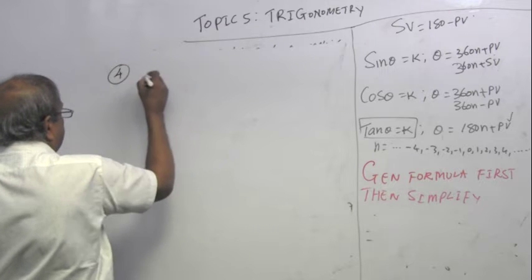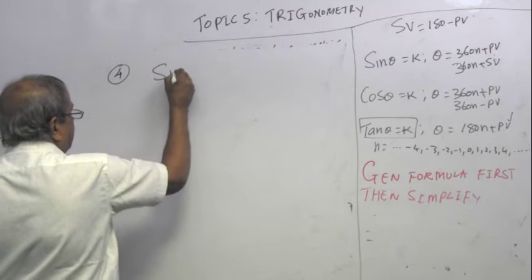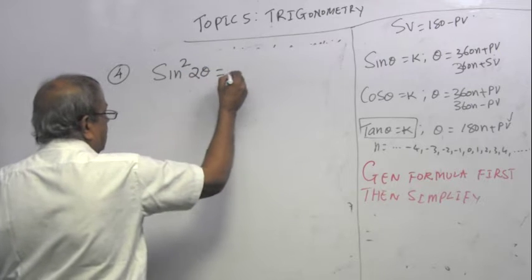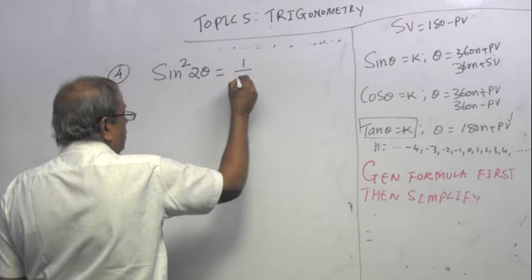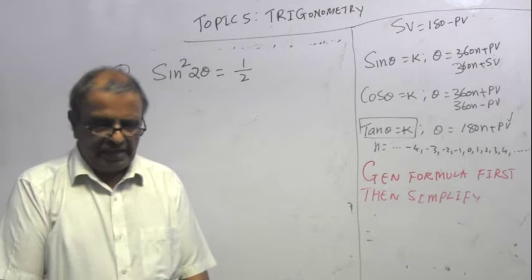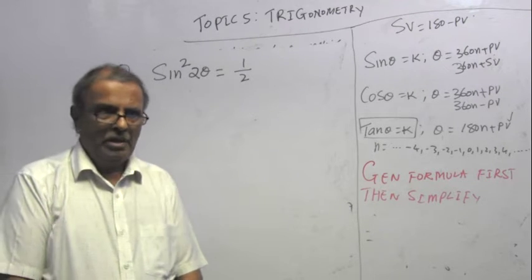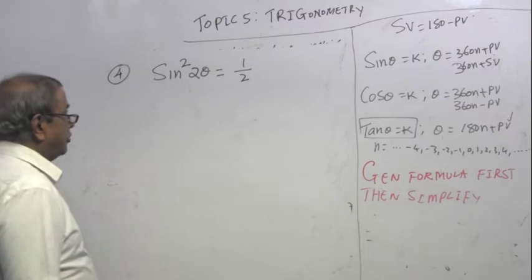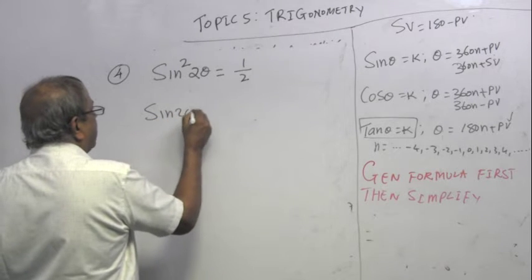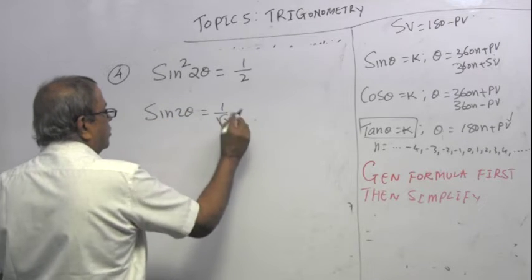Example 4, I think. Suppose I had sin² 2θ equal to half. Typical error among students is this. I have seen this: sin 2θ equal to 1 over root 2.